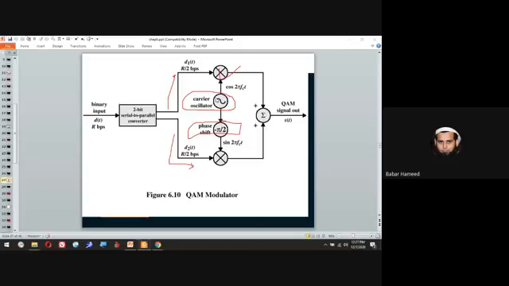This stream is converted into two separate bit streams of R by 2 bits per second each. As you can see, one is going above and one is going down.